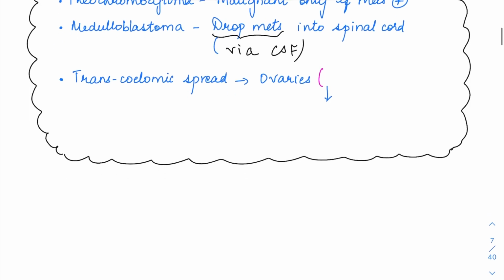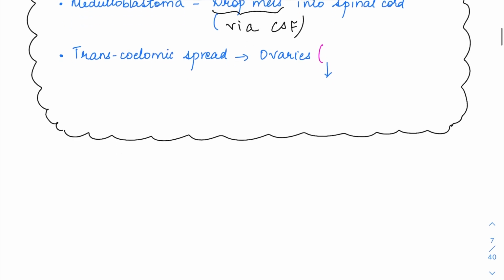It is just using the peritoneal cavity for the spread as such, not involving the peritoneum as such. It is just using it to traverse through the peritoneum. This transcoelomic spread is going to involve the ovaries, usually bilateral ovaries, and that is given a special name called Krukenberg's tumor. So Krukenberg's tumor is transcoelomic spread from certain other malignancies.